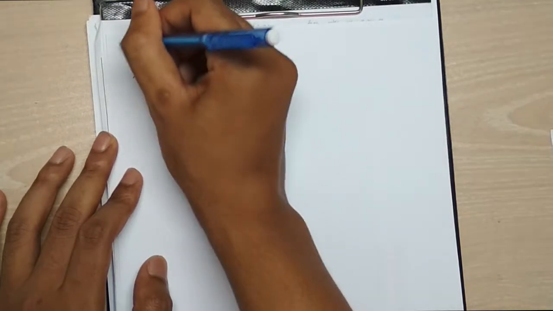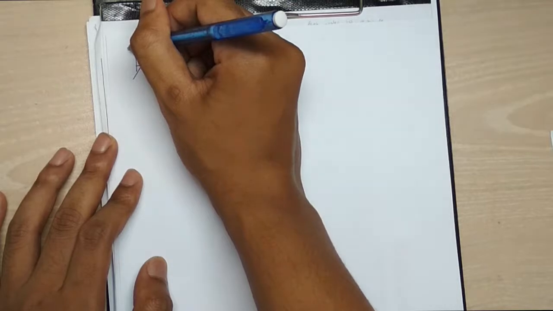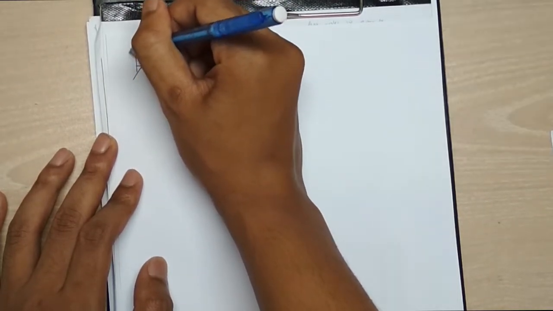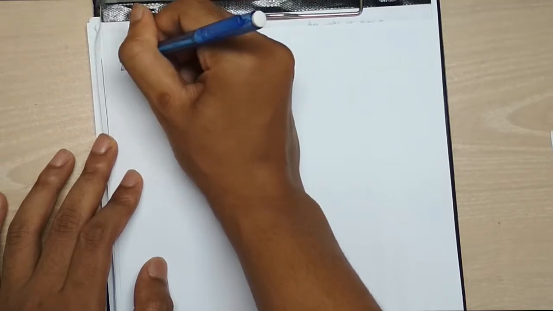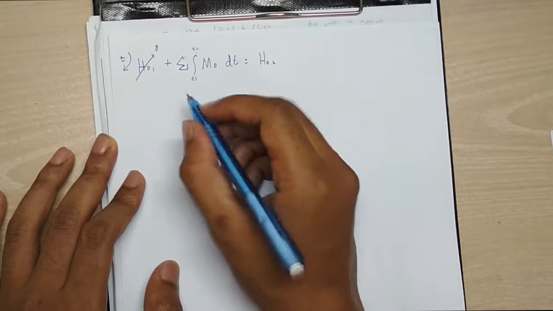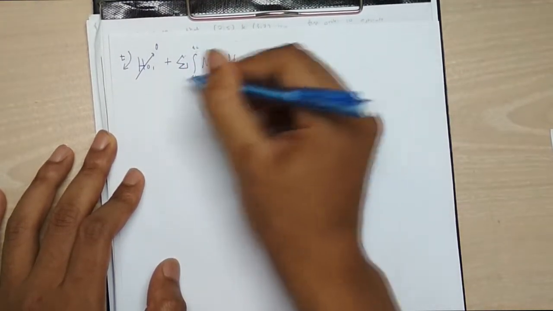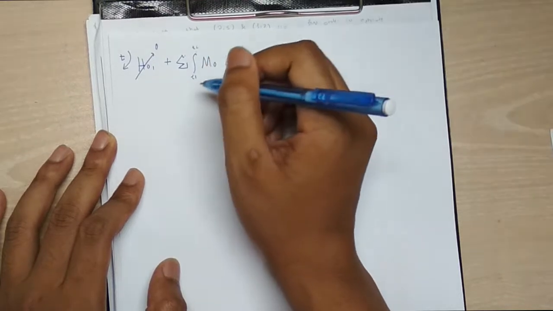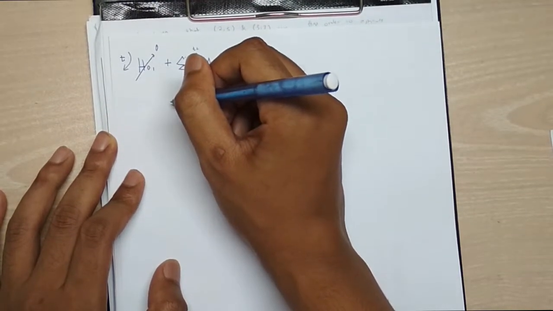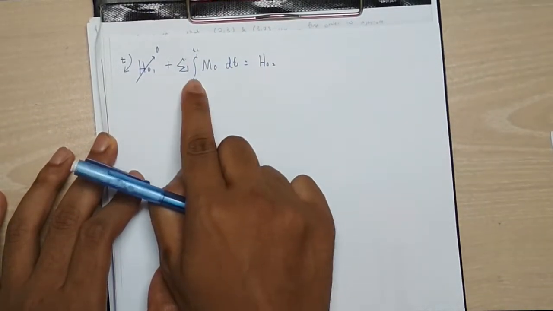Then we assume that the direction of omega is clockwise. Next, we must calculate for the moment.